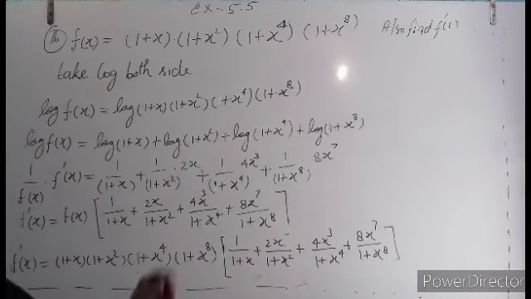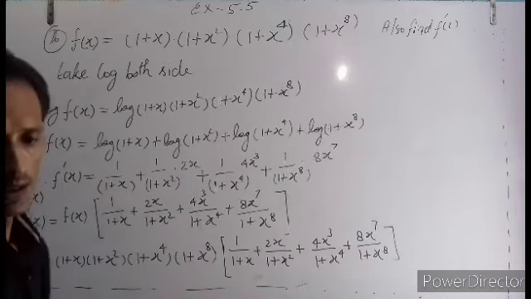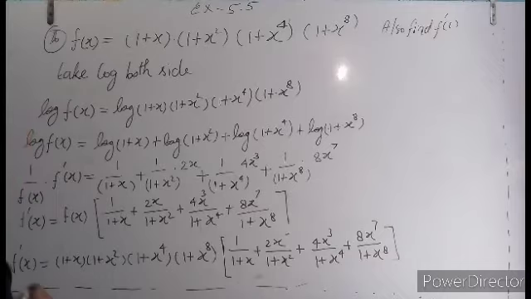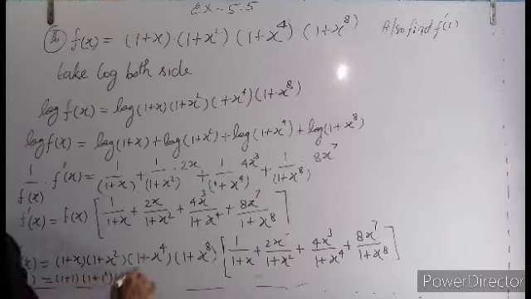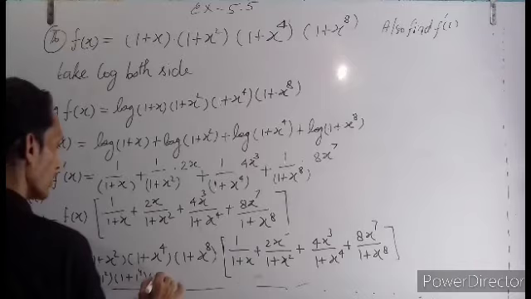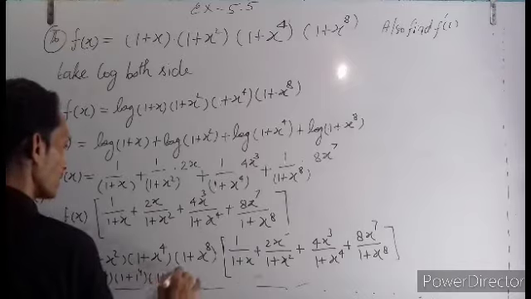Now you can find f dash 1. How can we find it? Put x equals 1: 1 plus 1, 1 plus 1 square, 1 plus 1 raised to the power 4, 1 plus 1 raised to the power 8.